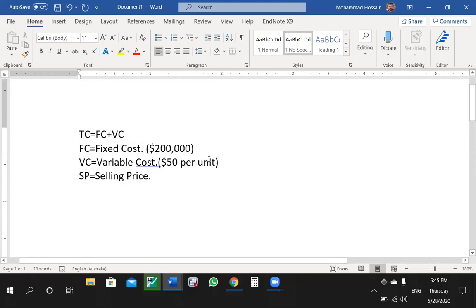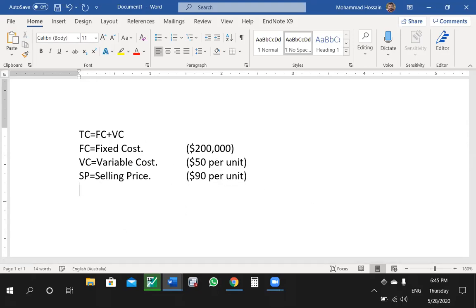And your selling price is, for example, $90 per unit. Okay, $90 is the selling price. How are you feeling? Good? Fixed cost, 200,000. Variable cost is 50, but you're selling every item at $90.